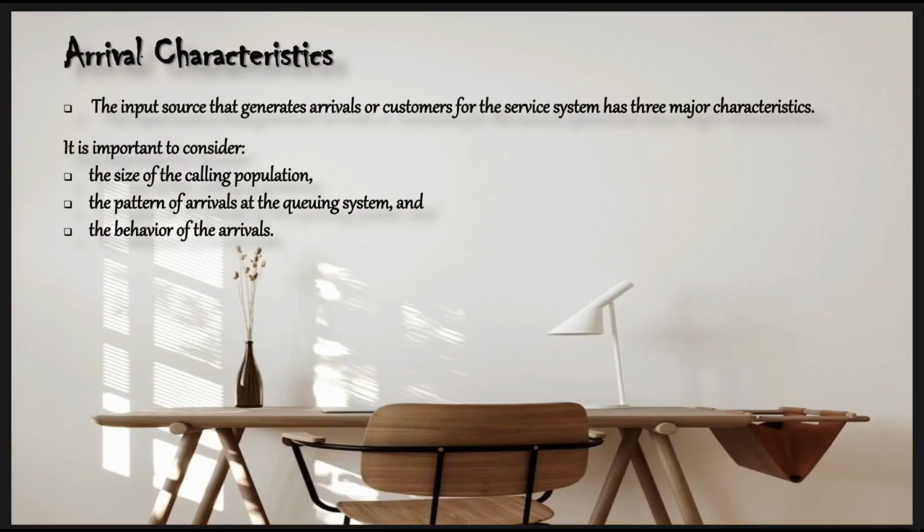So ngayon, started natin yung arrival characteristics. Dito sa arrival characteristics, meron siyang 3 major characteristics. The input source that generates arrivals or customers for the service system has 3 major characteristics. So, ano-ano yon?